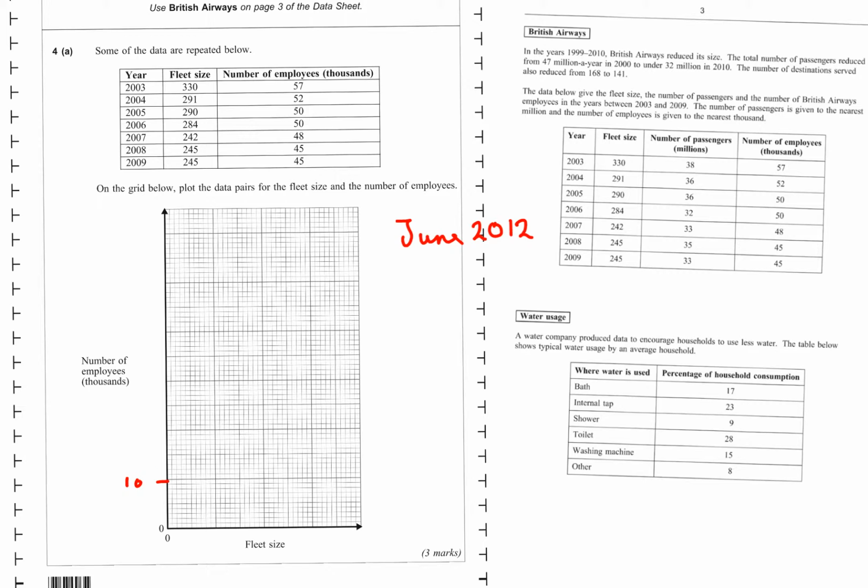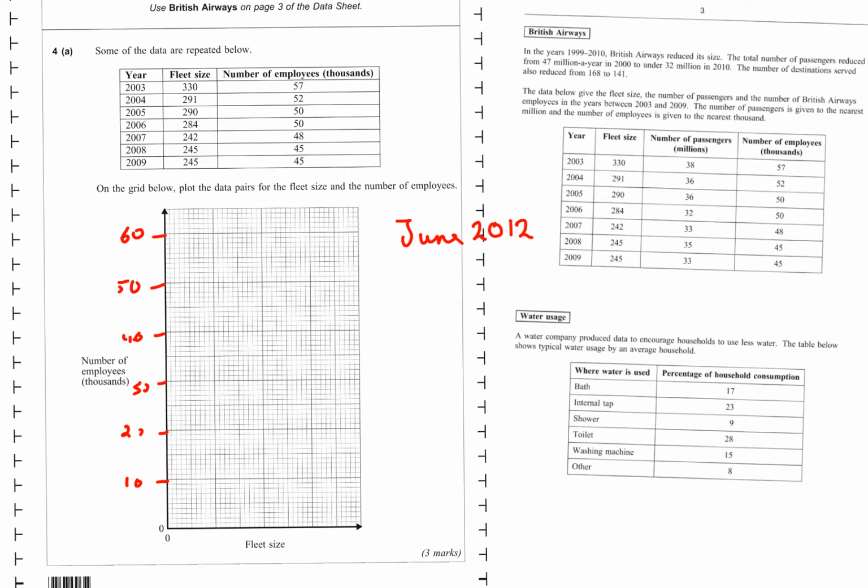The next one here is 20, 30, 40, 50 and 60. Now if you look here, these are what we call equal distance. From there to there should be about 10 squares. That's 10 squares up, 10 squares up, 10 squares up, 10, 10. So they have to be equal. That's one thing we have to bear in mind.